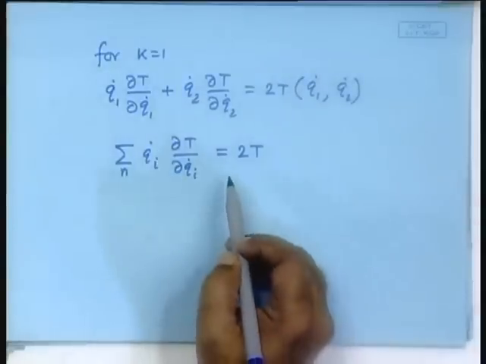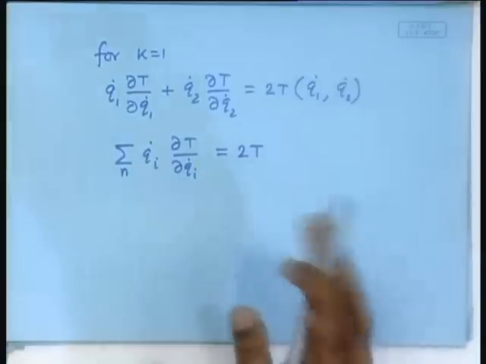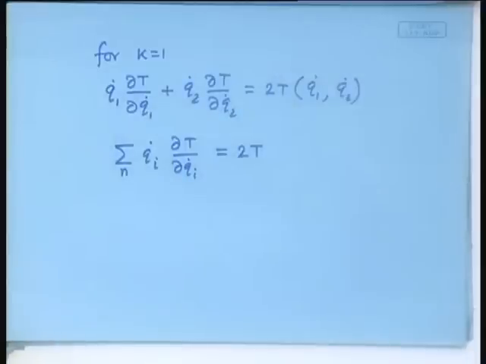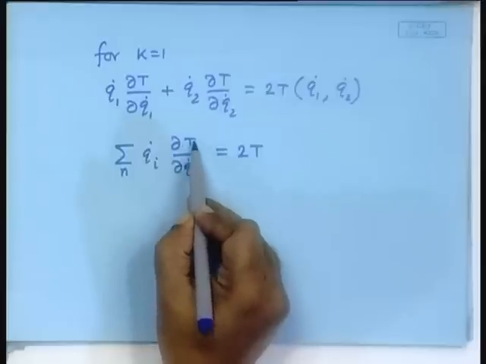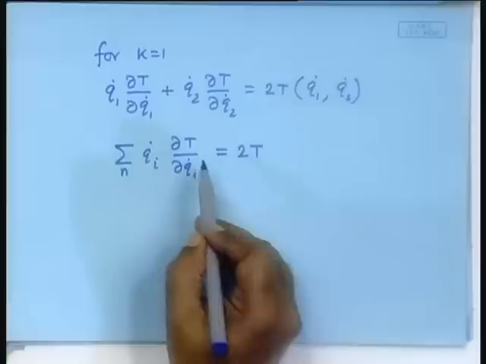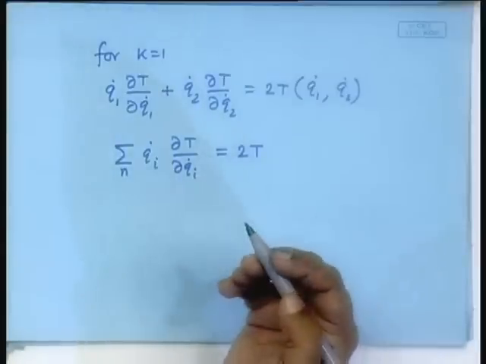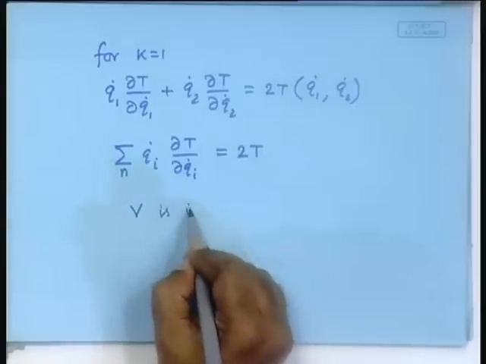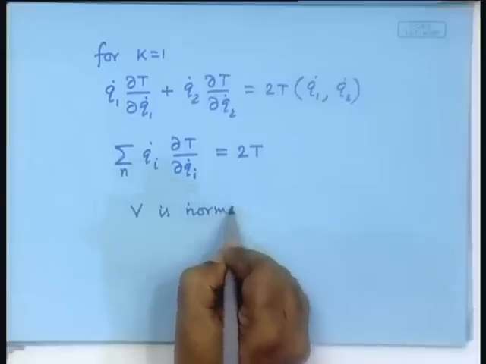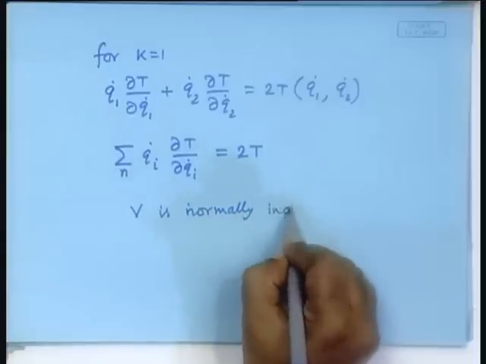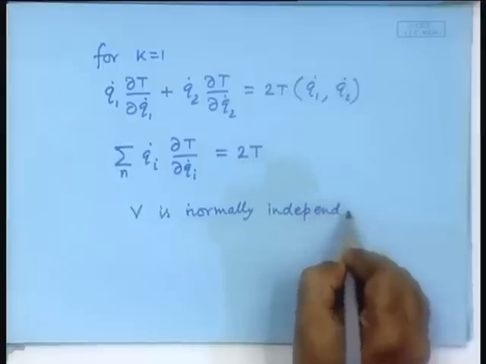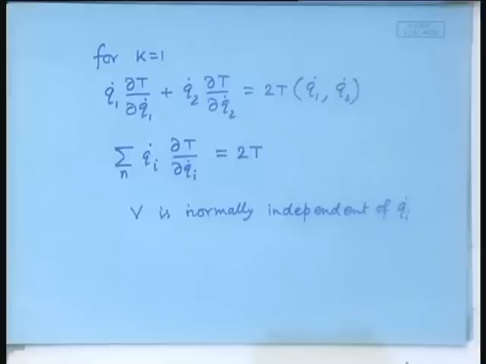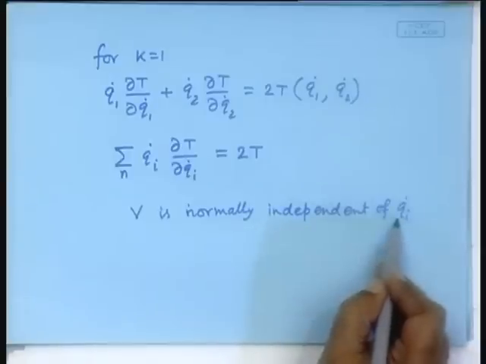Now, this result is known as Euler's theorem, that goes by the name of Euler. Now, notice that this term t... So, we already know that the V term is normally independent of the velocities. The potential is not dependent on the velocities, at least normally.